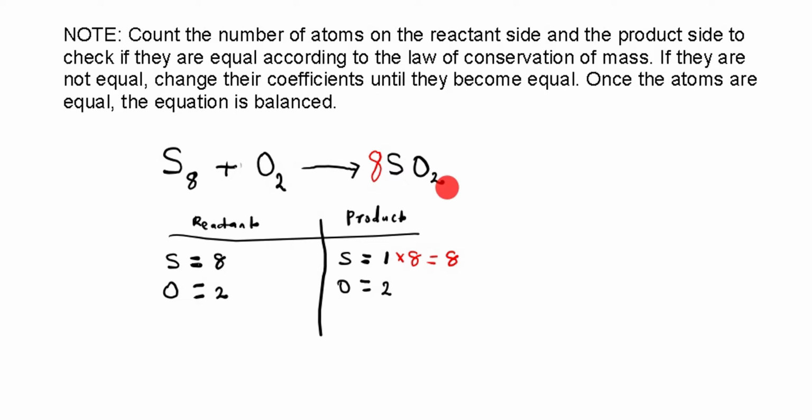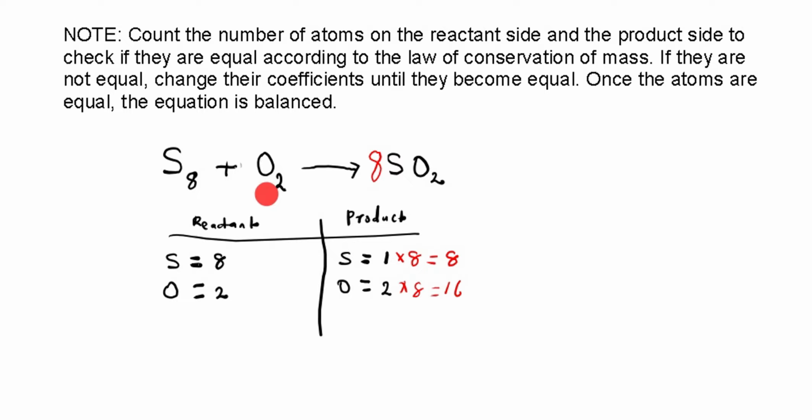This is 2 multiplied by 8, which will give you 16. So you see, in the product side, we now have 16 oxygen. So we have to make the reactant side have 16 for it to be balanced.